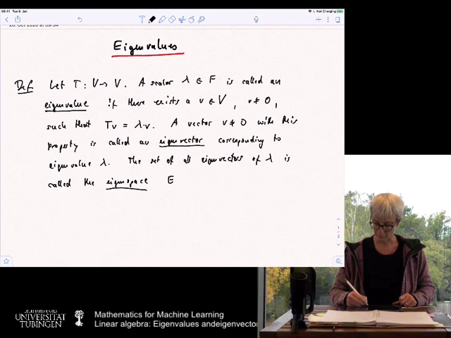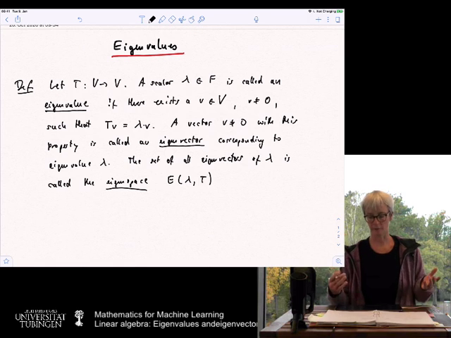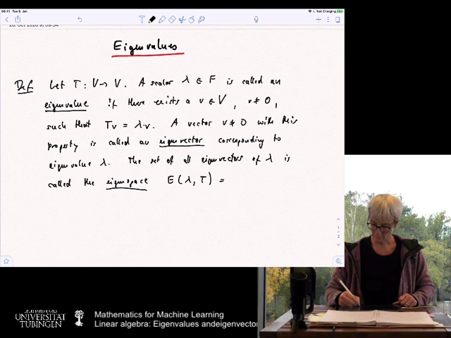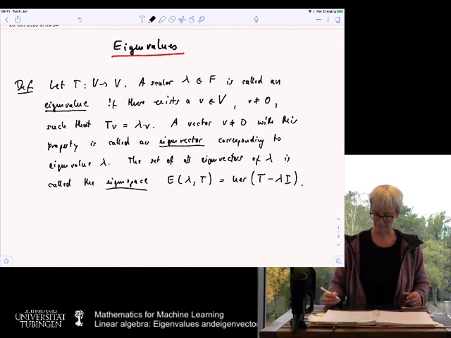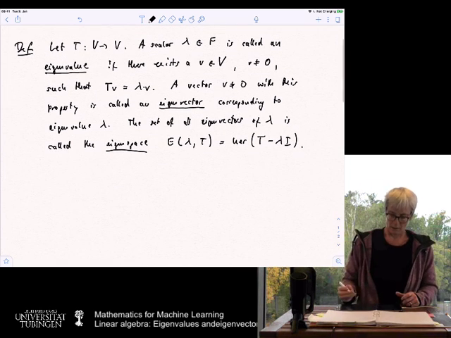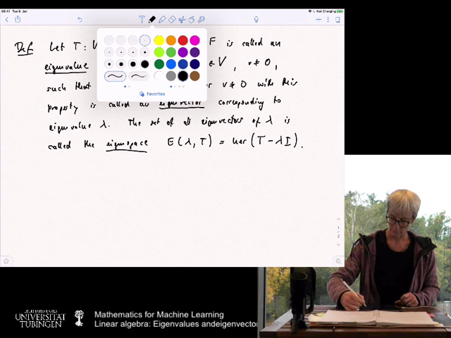And so formally, if you want to write it down, the eigenspace corresponding to eigenvalue lambda of operator T is the kernel of the linear map T minus lambda times the identity. Observe, maybe I explain what the intuition is. Maybe just do it now.